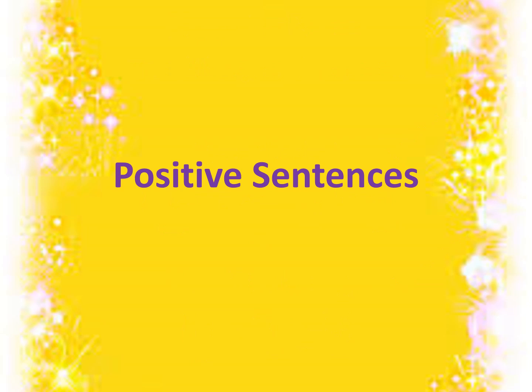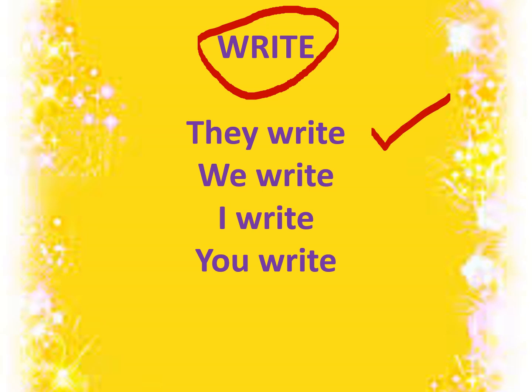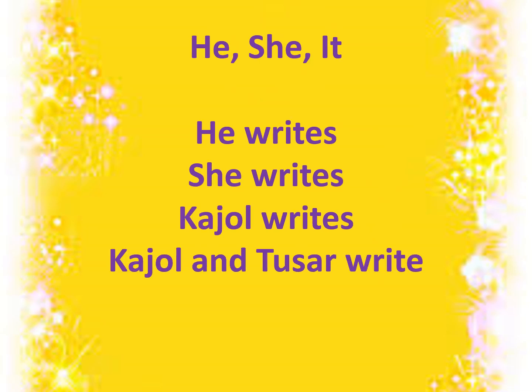Positive sentences. We are going to learn how to make positive sentences or affirmative sentences. For example, with the verb write. They write. We write. I write. You write. But if we are going to use the subject he, she, or it, don't forget that we have to use s for the verbs. So, it must be like this.